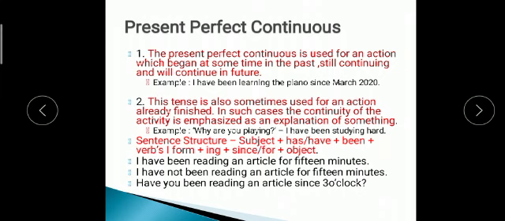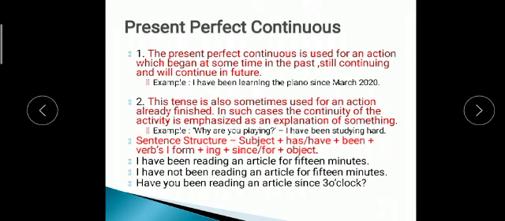Okay? So, whatever action that began at some time in the past, still continuing and will continue in future. One more example, you have been learning English language since your childhood.